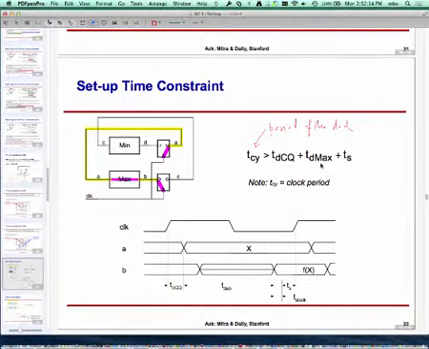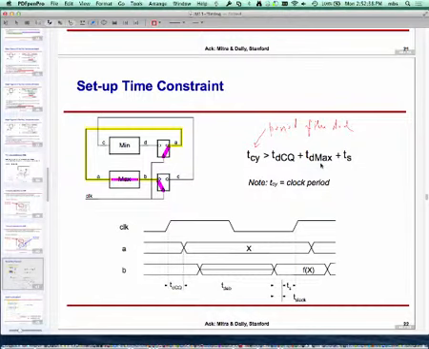And that one path, which is called the critical path, is the one which is going to dictate how fast your chip can run. Let's say your chip comes back, you were hoping it will work at 2 gigahertz, you put in a 2 gigahertz clock, and it doesn't work. Well, one thing you will do is dial down the clock.